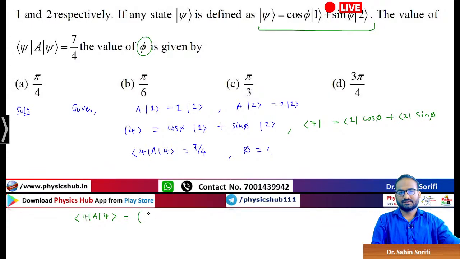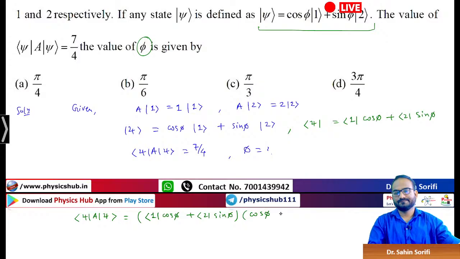So let's write ⟨1| cos phi + ⟨2| sin phi. A applying on psi: A applying on |1⟩ is 1 into |1⟩. So this becomes cos phi |1⟩ plus sin phi, A applying on |2⟩. So this will become 2 sin phi |2⟩.